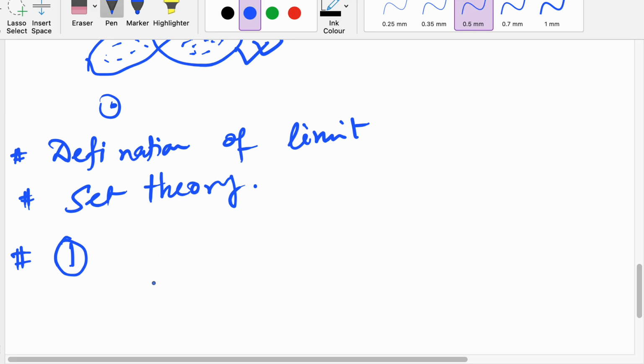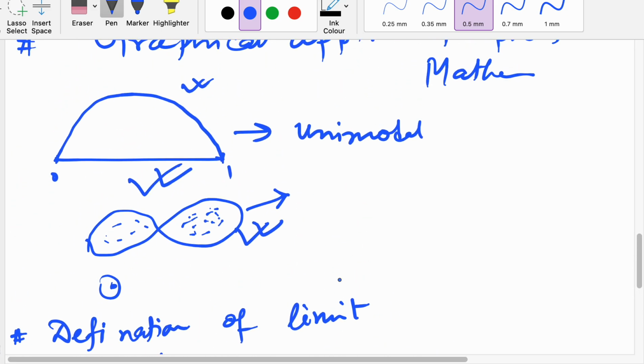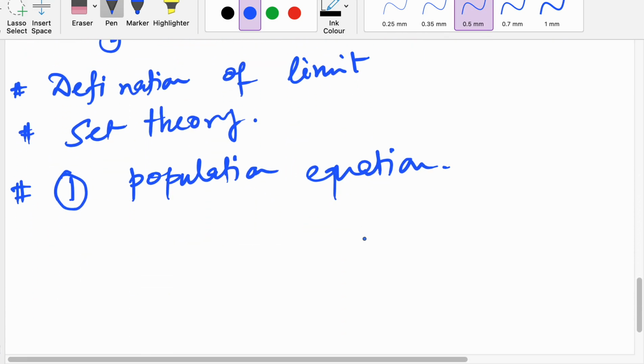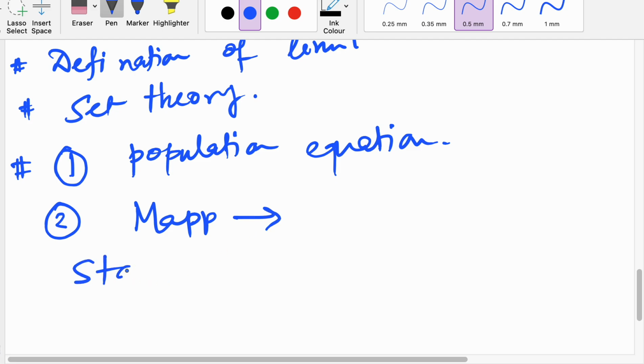So I will introduce the simple population equation, and we'll see that this discrete population equation has the property of a unimodal graph, and using that graph we will delve into the details of chaos. Then, how to build the model; if I have a map, what stability means, and how we can prove the stability of a dynamics or the map.